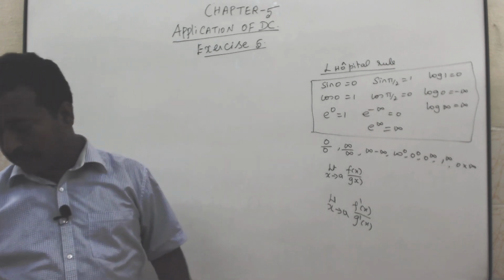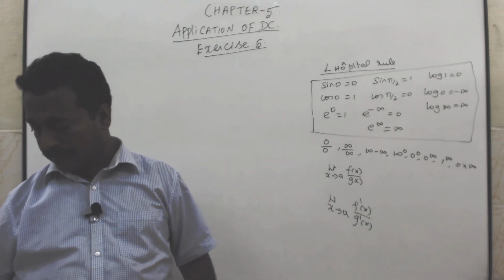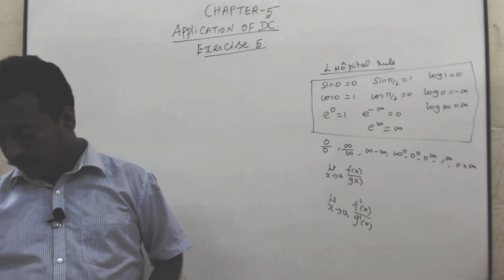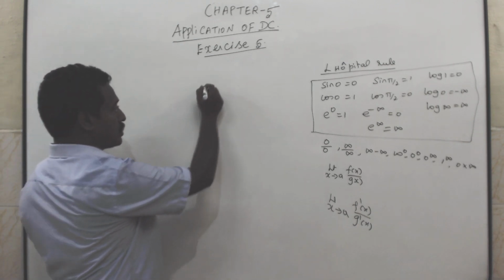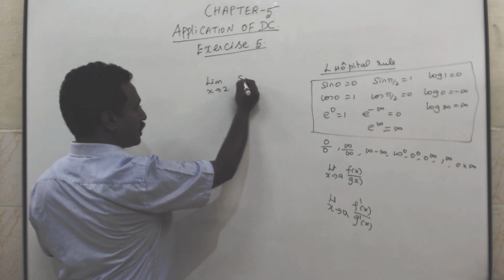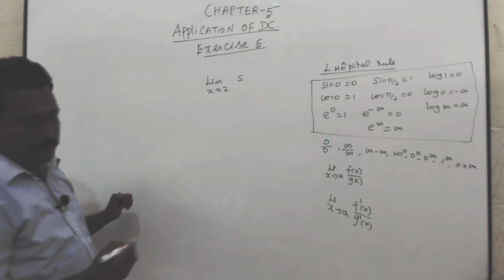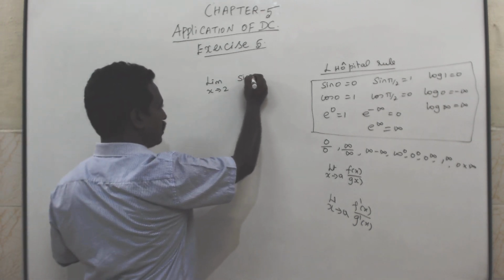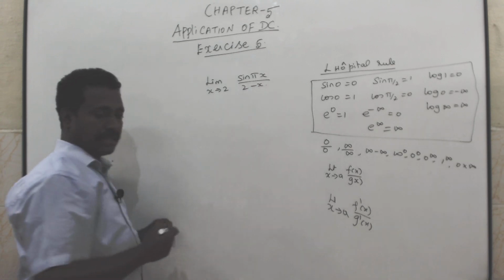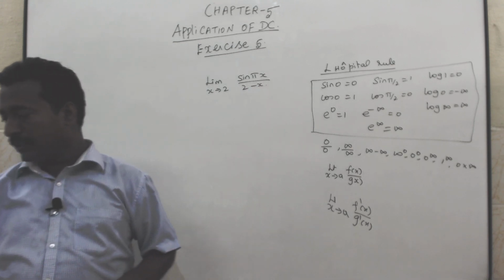Now take exercise number 5.6, question number 1. Limit x tends to 2, sin pi x by 2 minus x.